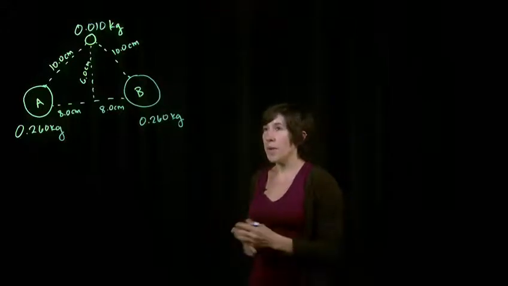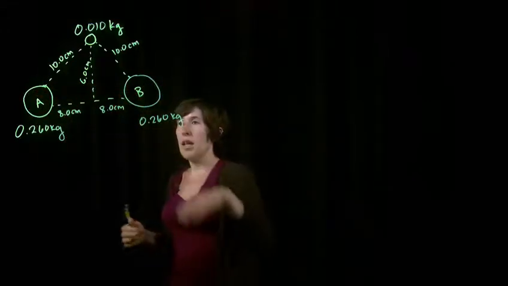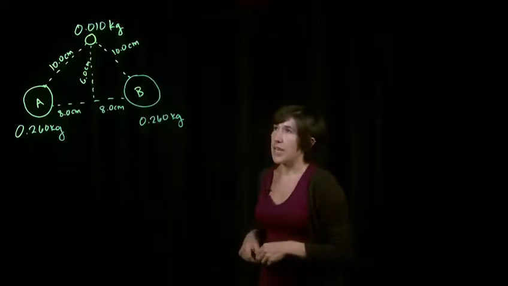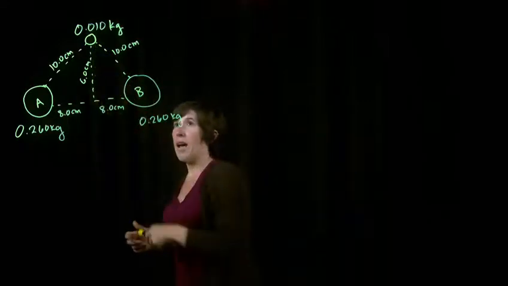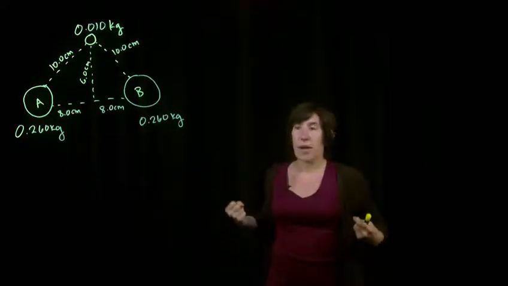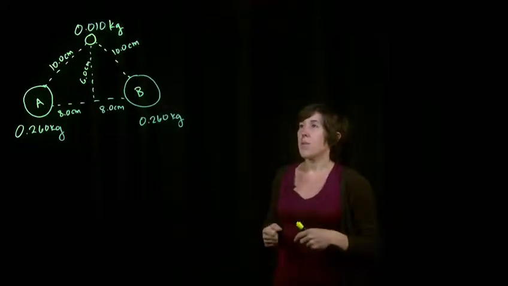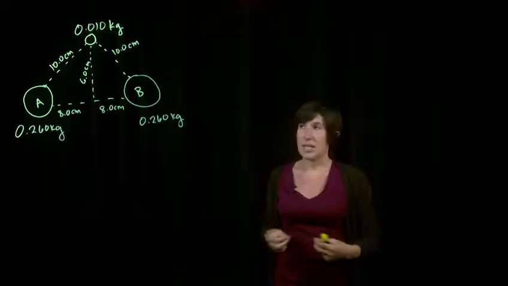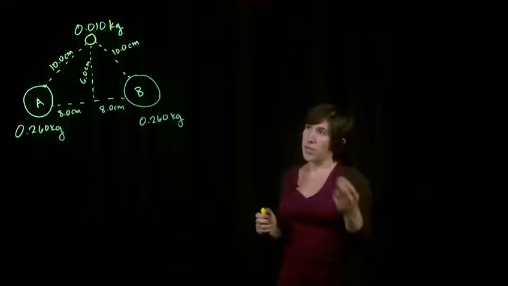And so again, what we have is these two spheres that are going to create a gravitational field, and then we have a third sphere here that is going to be pulled to them by the force of gravity, and we're asked to find the initial acceleration right at the instant when you release that sphere.